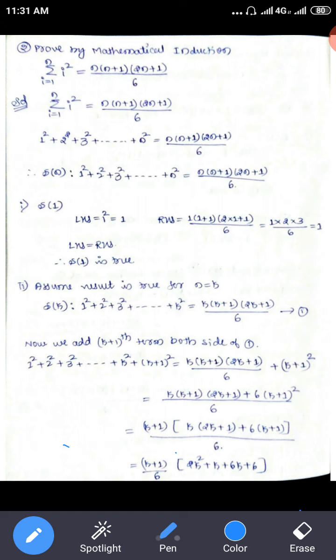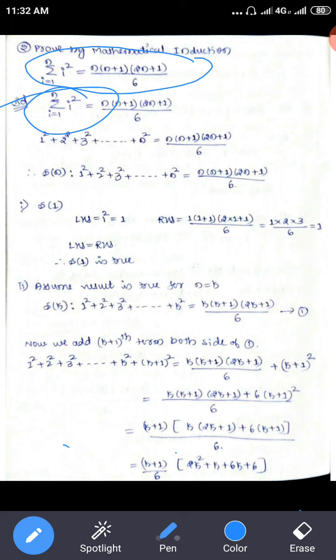So second example: prove by mathematical induction. Given thing is this. Solution: summation of i square, i from 1 to n, equals n into n plus 1 into 2n plus 1 divided by 6. Write the i square in detail: i is equal to 1, i is equal to 2, i is equal to 3, i is equal to 4, with plus signs in between.